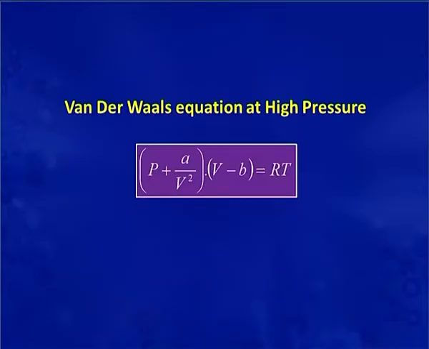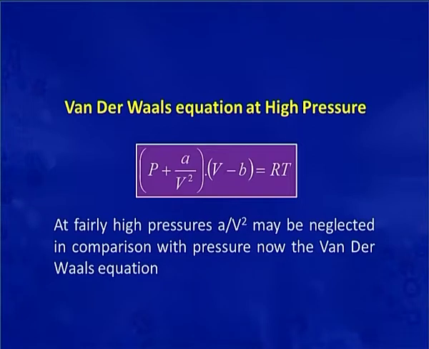Let us discuss the second case, the van der Waals equation at high pressure. As you know, the van der Waals equation is (P plus A by V squared) into (V minus B) equals RT. At high pressure, the pressure is high, condition is here. In this condition, A by V squared can be neglected.